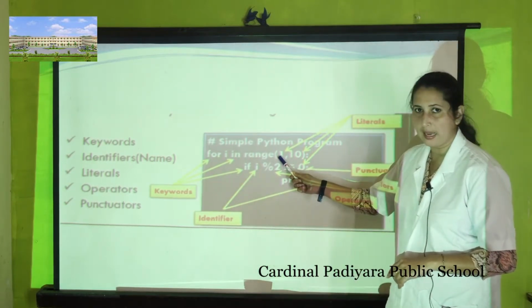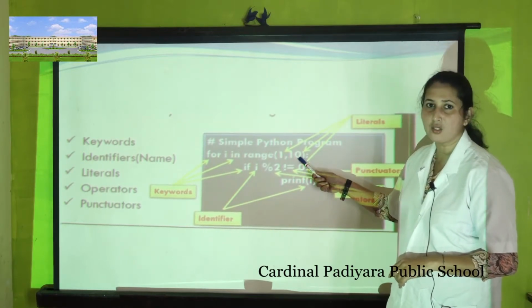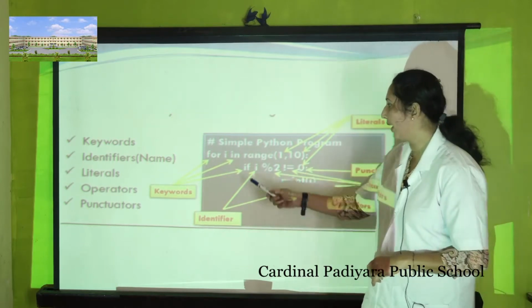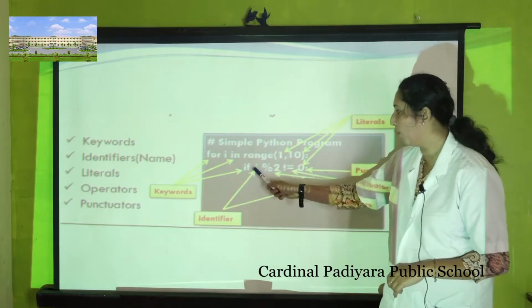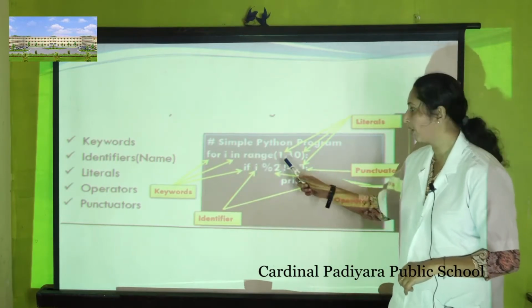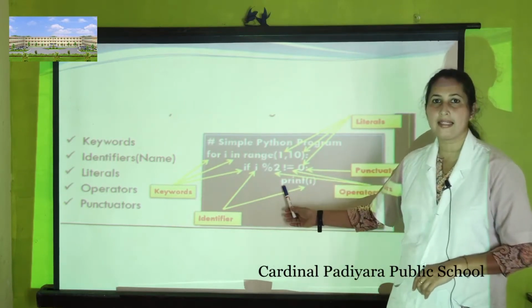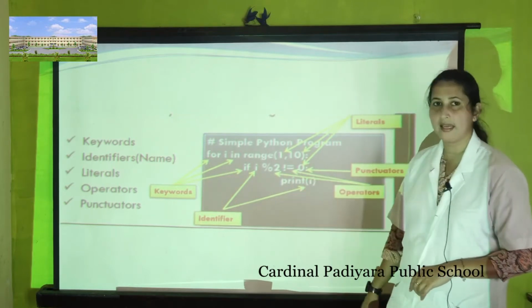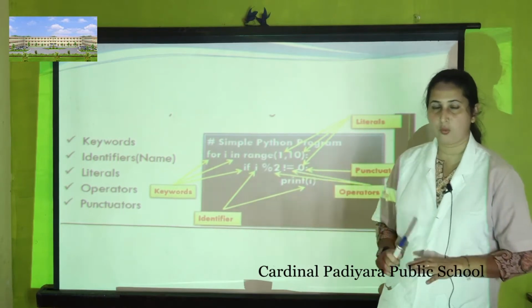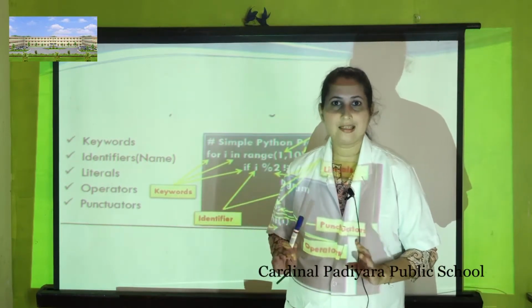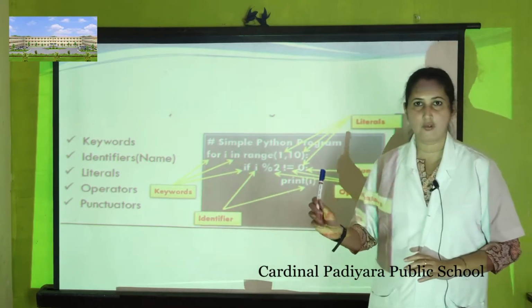Then it enters the loop and checks if 1 mod 2 is not equal to 0. The remainder is 1, which is not 0, so you print i. You get the output 1.